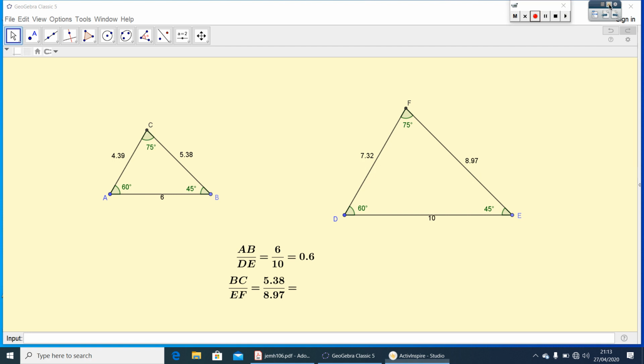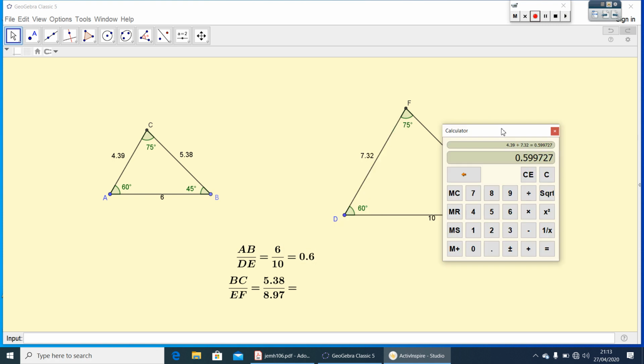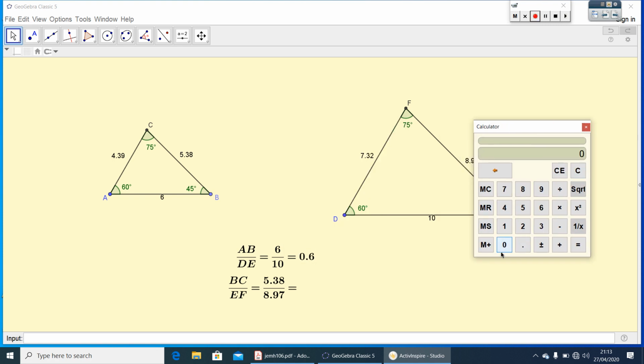This we can calculate. 5.38 by 8.97, you will get 0.599 etc. That we can write as 0.6, correct to one place of decimal.